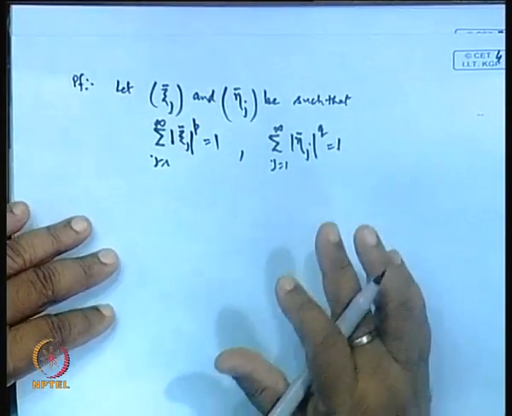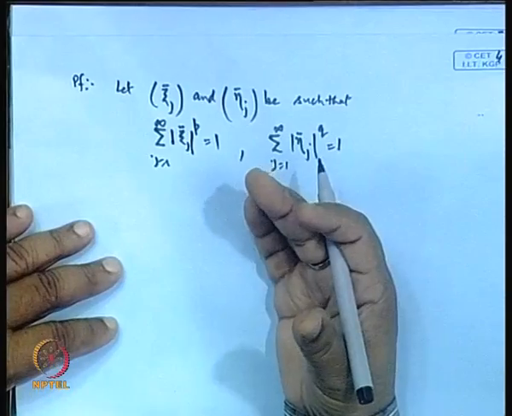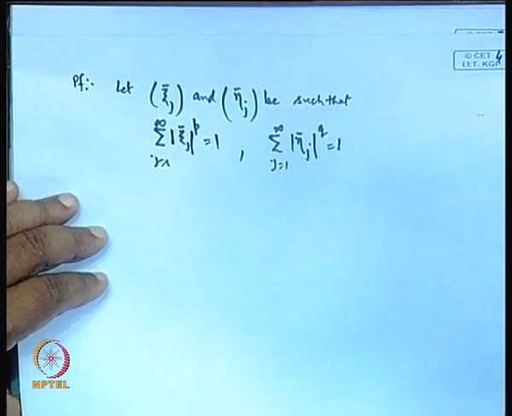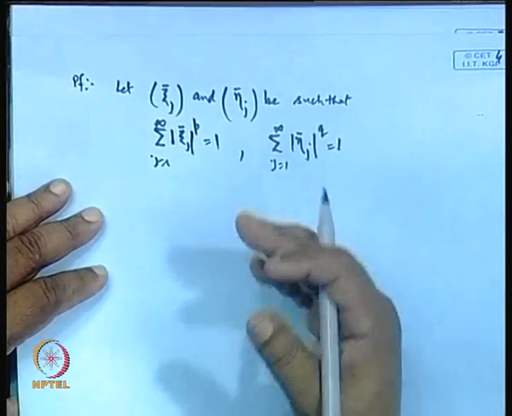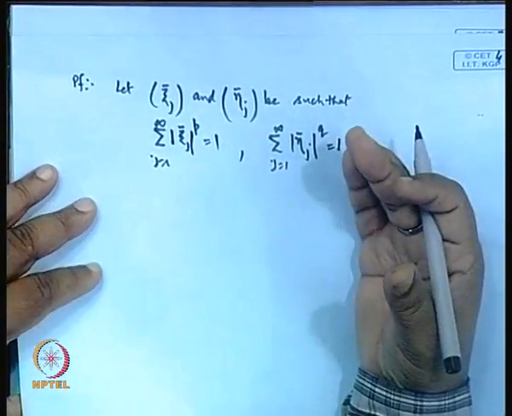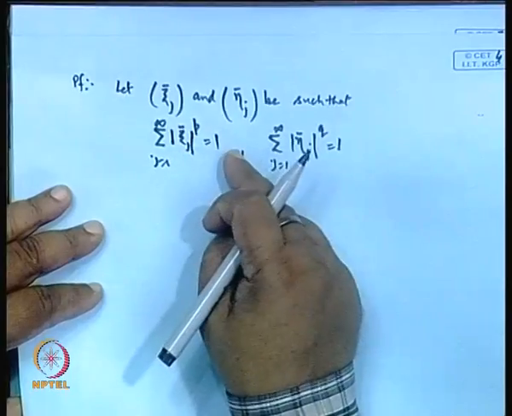Let us take these two sequences, which can be easily found. Suppose I take xi j to be 1 by 2 to the power 1 by p, say p n or p j, then it will be 1.